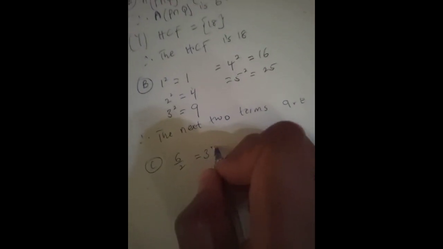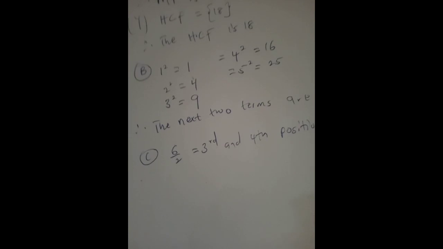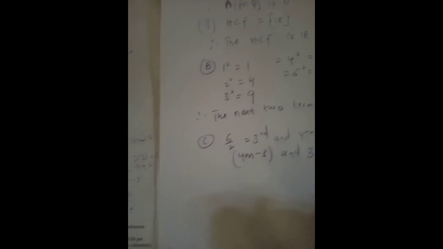Some people will use this formula: if it's an even number, take 6 divided by 2, which gives the third and fourth positions. So the middle numbers are 4m minus 3 and 3m plus 1.